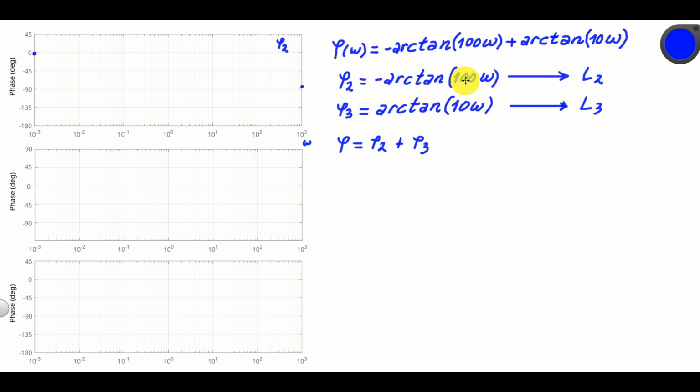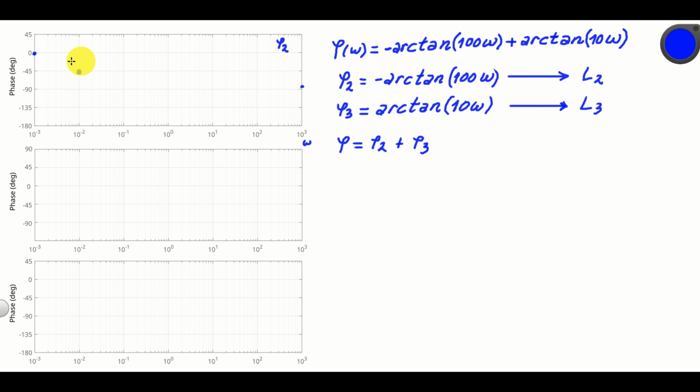Next, let's see what happens at the break frequency. When omega is 1 over 100, we will have minus arctan of 1, and that's minus 45 degrees. And consequently over here at the break frequency we will have minus 45 degrees.